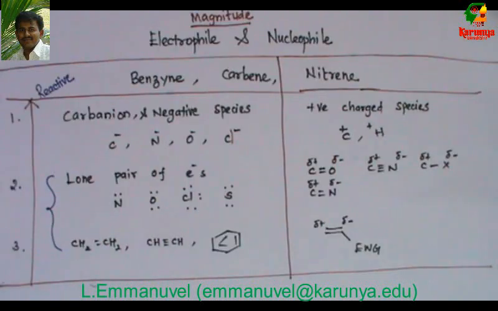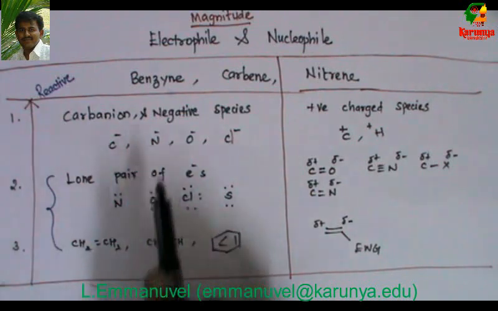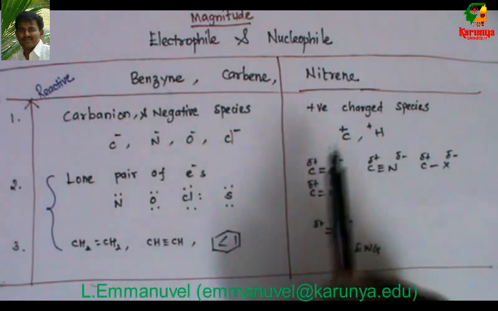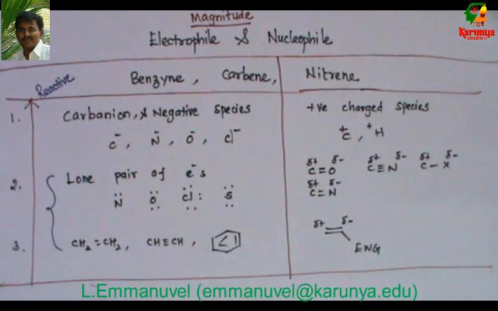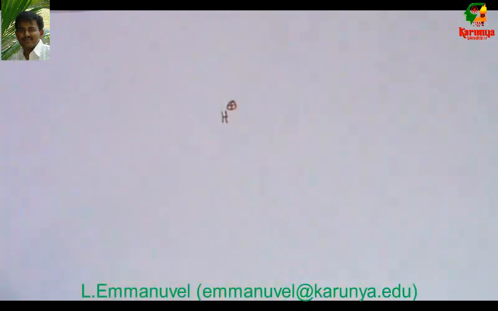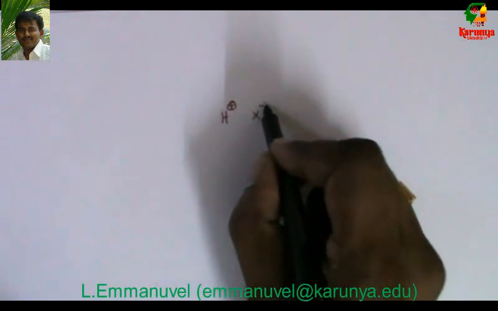Now let us go to the mechanism. When these nucleophiles attack the positively charged species, what will be the mechanism? That is what we are going to see now. Let us take H plus as electrophile, and there will be some X minus also.